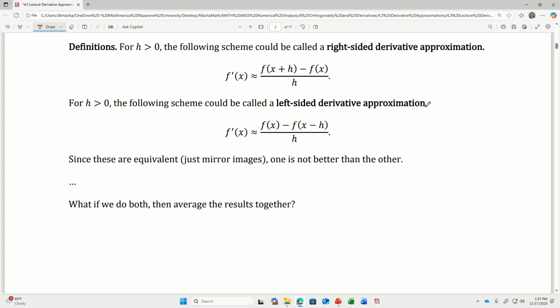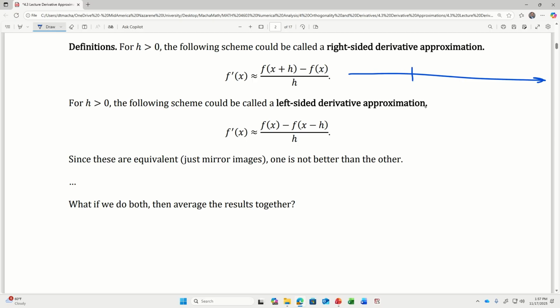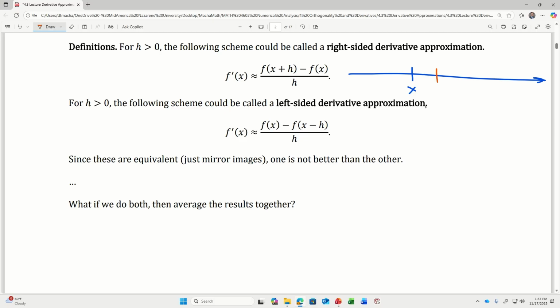So if I make h a positive number, then I would call this a right-sided derivative approximation because what I have is f of x on my number line, and then the other point is x plus some positive number, so it's on the right side.